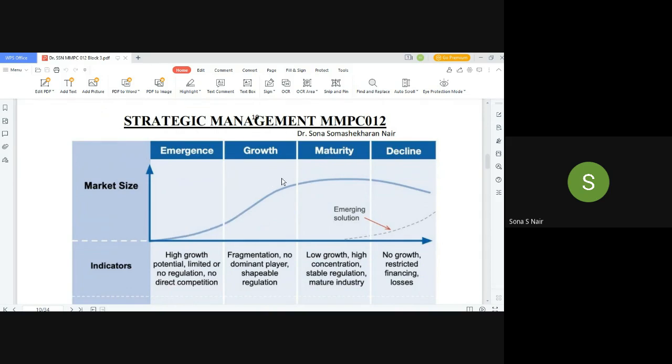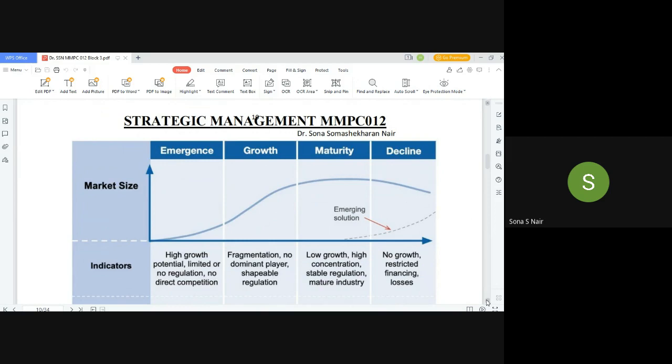Then, when people are aware of the product, the growth phase comes in, maturity phase comes in, like the product life cycle, and slowly over a period of time, this product loses its appeal because some other product which is better suited to those existing needs comes up, and this product goes for decline, or this industry goes for decline. It's the same thing, right?